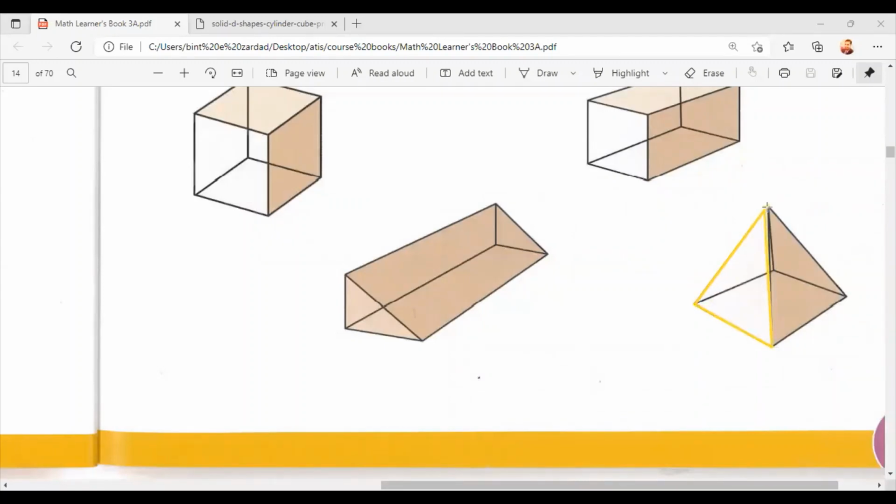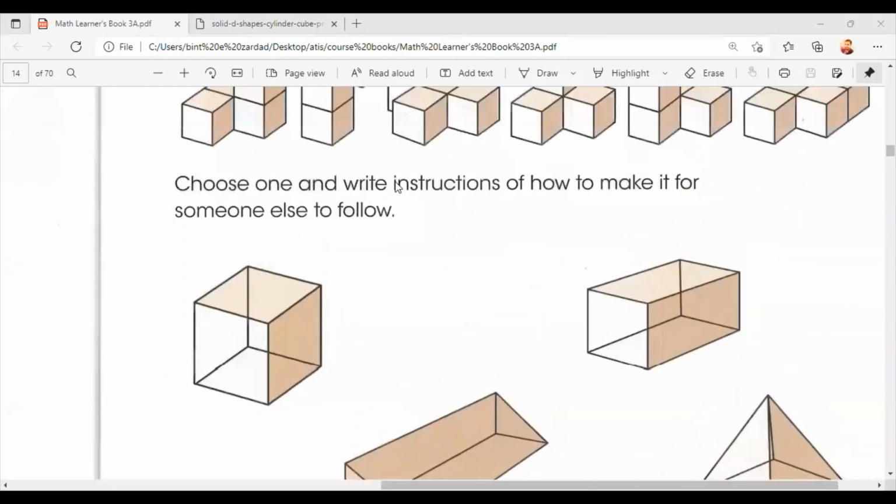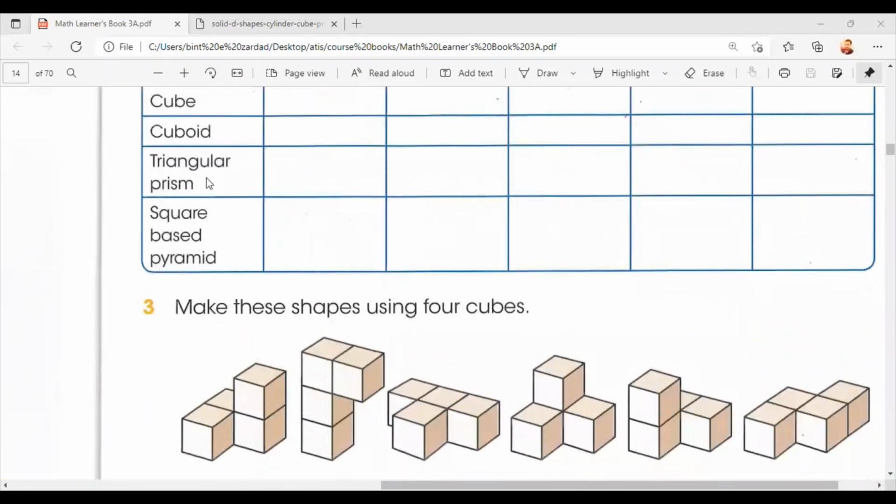One, two, three, four, five, and then one on the back, six, and then seven and eight. So eight sides or edges. So it's written here, square base pyramid. We wrote it here, eight sides and five corners.